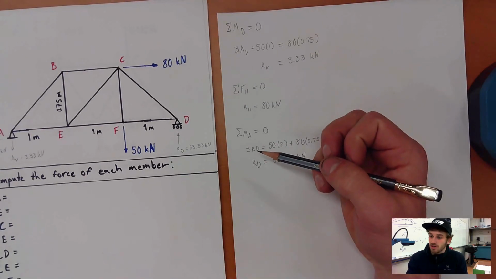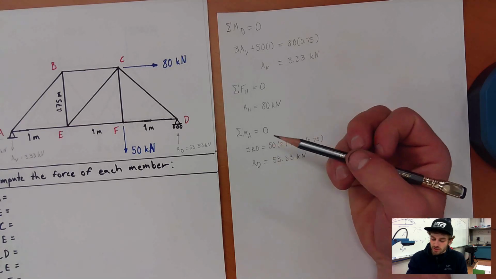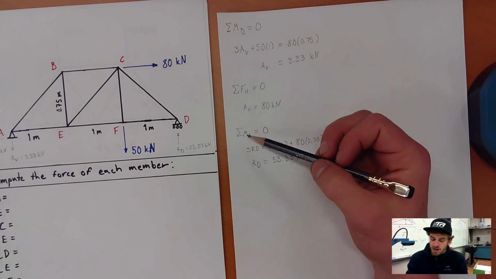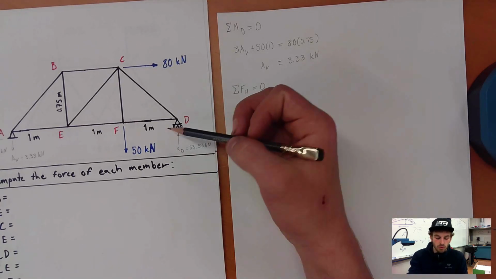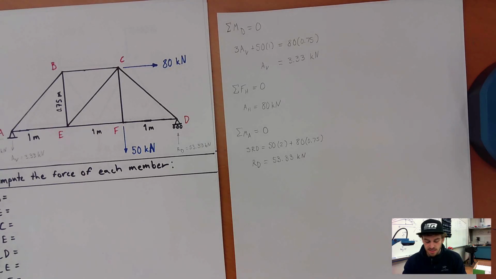All the forces in the vertical direction equal 0. The sum of the moments around both of the points need to equal 0. So we're golden. All right, now we can start figuring out all of the forces acting off of each individual joint.